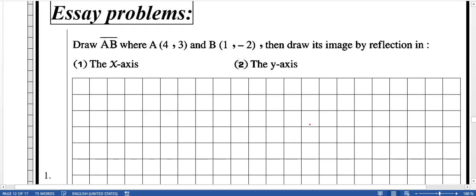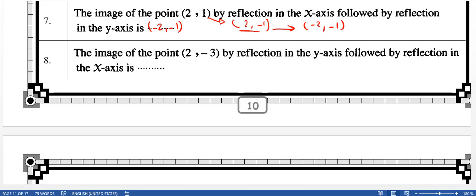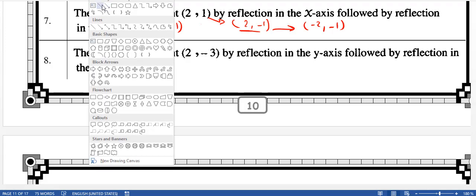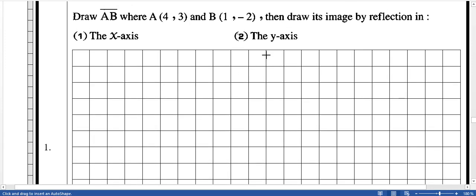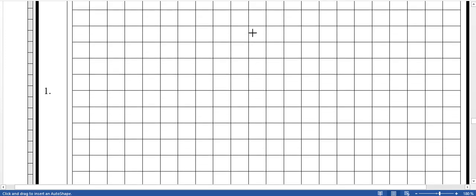We want to draw the axes, the x-axis and y-axis. This is the y-axis, and this is the x-axis.